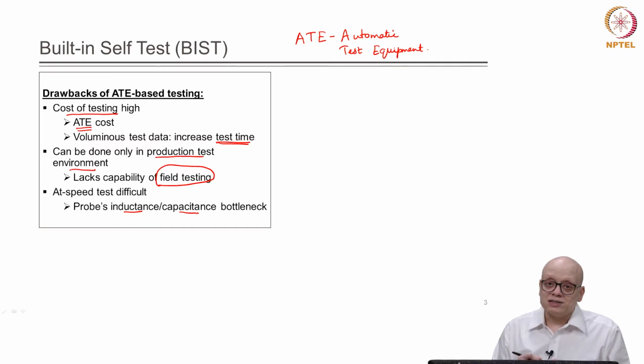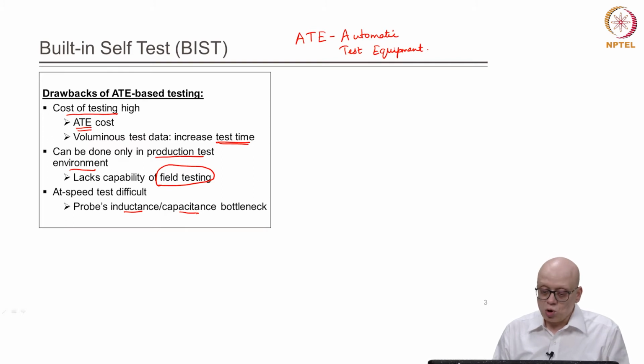Some types of faults, for example delay faults, require that we do testing at speed or at a higher clock frequency, and that kind of testing is difficult to perform using the ATE based method.